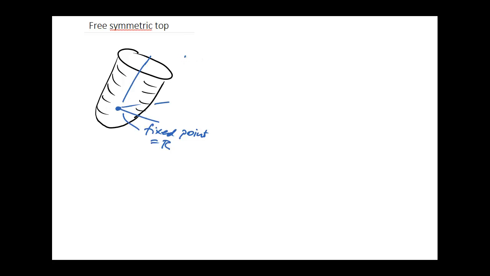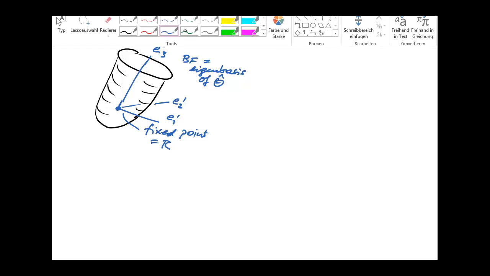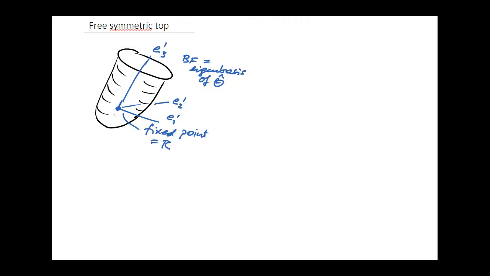So let's say this is the body fixed frame, and let's call these axes E1 prime, E2 prime, and E3 prime. Now I assume that the top is symmetric, meaning that it's symmetric around the axis spanned by basis vector E3 prime. So we assume that this axis here is a symmetry axis.